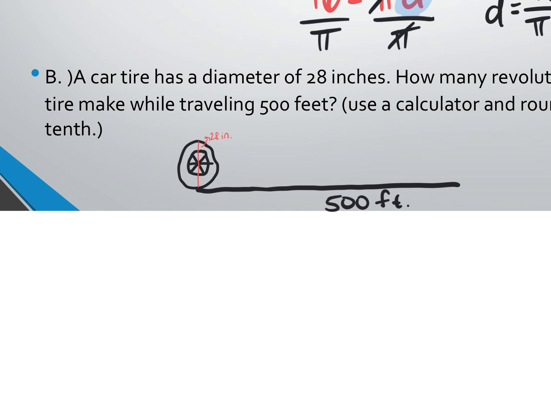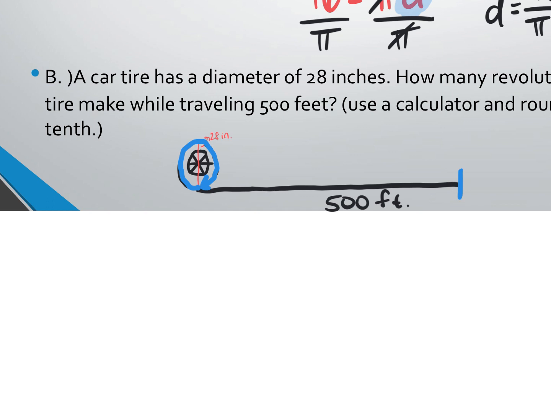So it's asking how many revolutions would this tire have to go through in order to get to the end for 500 feet, right? So we need to know how much would one revolution be? How far would it travel in one revolution? So if you start here and you revolve all the way around the tire, what is that distance?